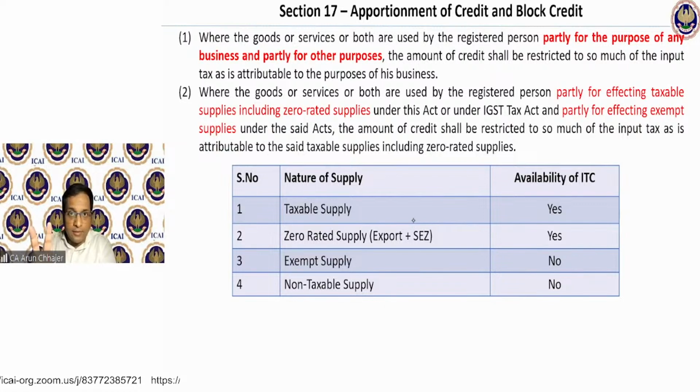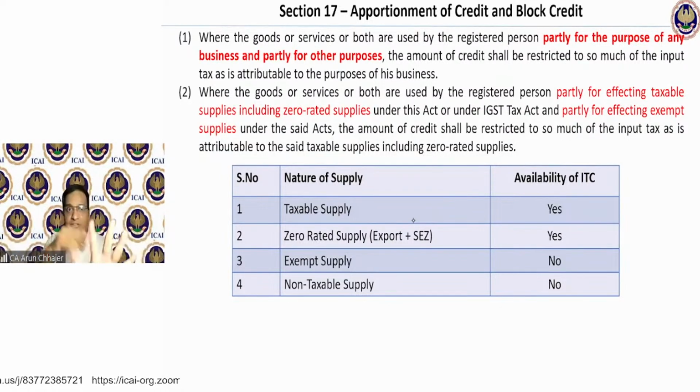In that case, I cannot take full ITC. The question is, how much ITC can I not take? That we will discuss in rule 42 if it is input and input service, and rule 43 if it is capital goods. Rule 42 for input and input service, rule 43 for capital goods.